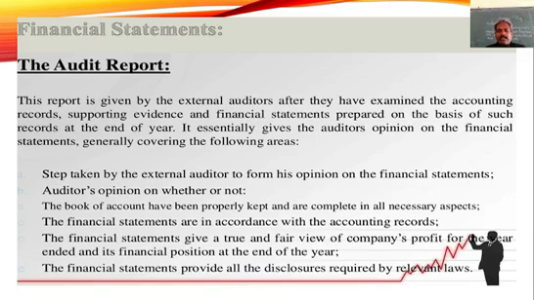The financial statements give a true and fair view of the company's profit for the year ended and its financial position at the end of the year. They must give a proper, honest, true and fair value of the company and its financial position at the end of the year. The financial statements provide all the disclosures required by the relevant laws. They must provide all the documents prepared as per the relevant laws.